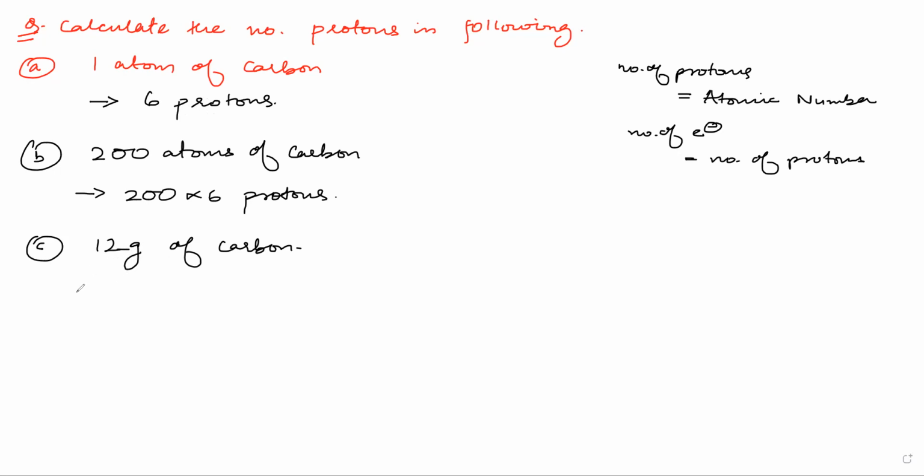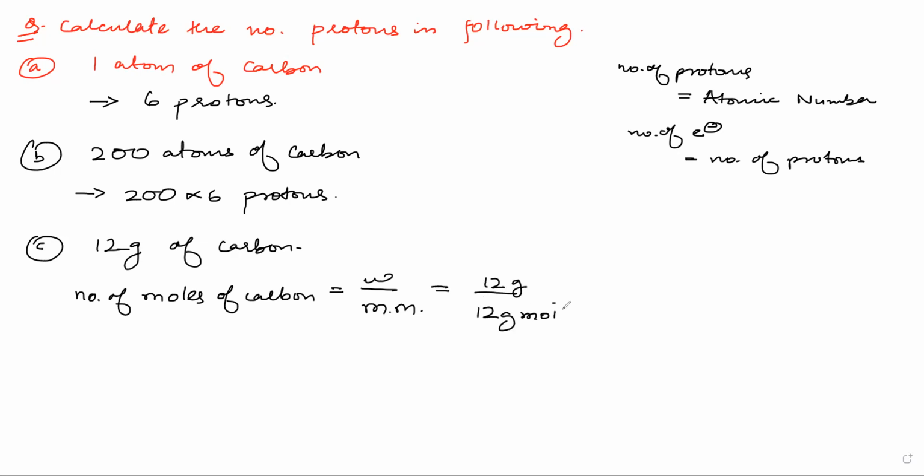So how will we calculate the number of atoms? We can calculate it by, first of all, calculating the number of moles. Number of moles of carbon is equal to given mass divided by molar mass. What is the given mass here? 12 grams. What is the molar mass? 12 grams per mole. So we will get 1 mole.